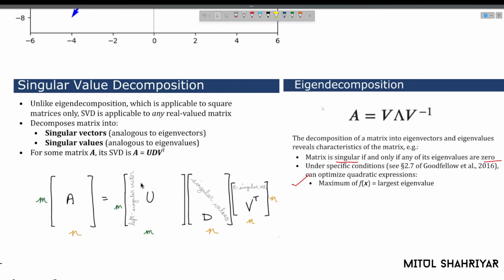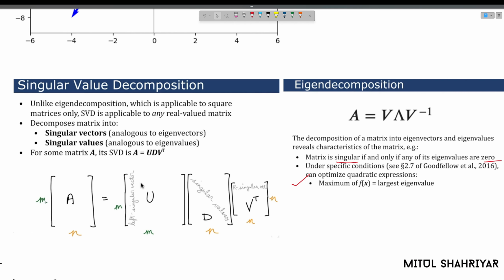Now we can't do eigendecomposition for all kinds of matrices. But there is this thing which is called singular value decomposition. Using that, we can decompose a matrix even when it is not square.